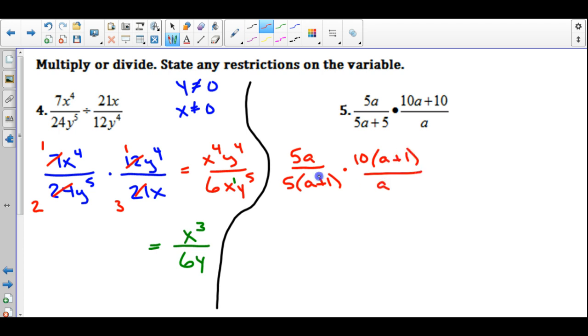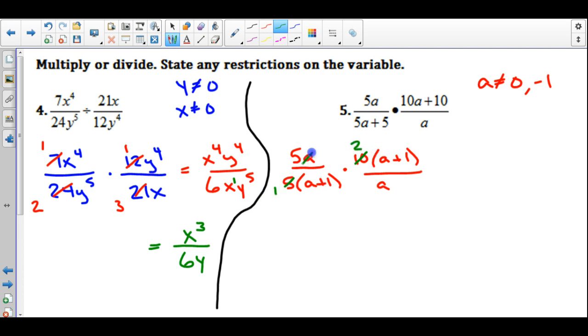So my restrictions, I end up with an a value that cannot be, this one right here means a cannot be 0 if it's by itself, and right here if you set this equal to 0 you would have a cannot be negative 1. So once that's the case, I can start crossing off some factors here. I know that this 10 divided by this 5 is going to end up giving me 2, but I can just write it as 5 divided by 5 is 1, 10 divided by 5 is 2.